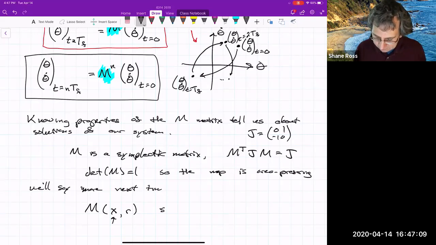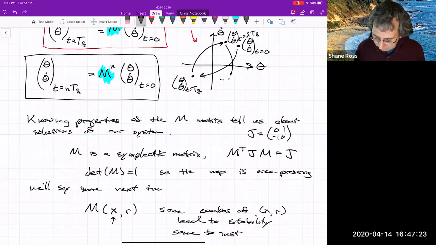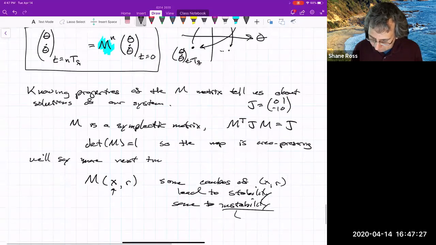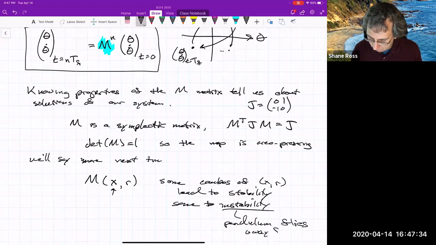Some combinations of x and r lead to stability, and some to instability. Instability here would mean the pendulum flies away from equilibrium. So you could do some interesting things there.